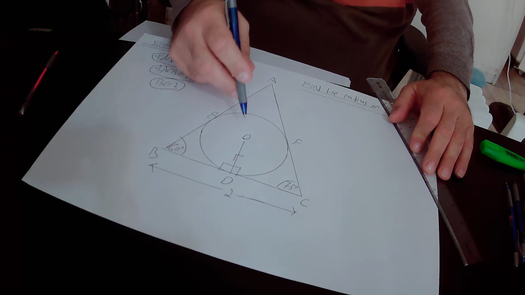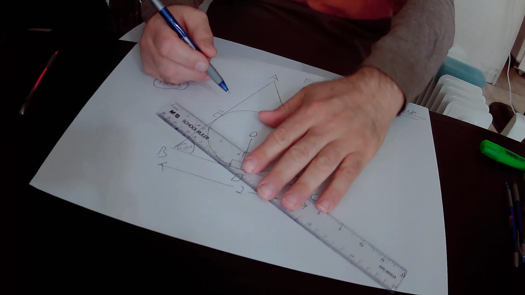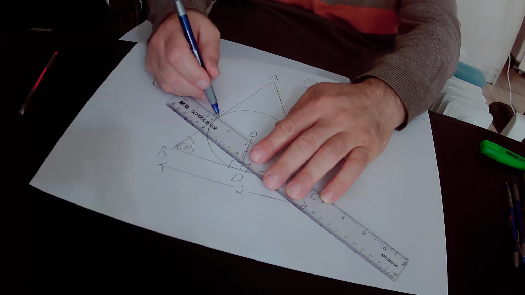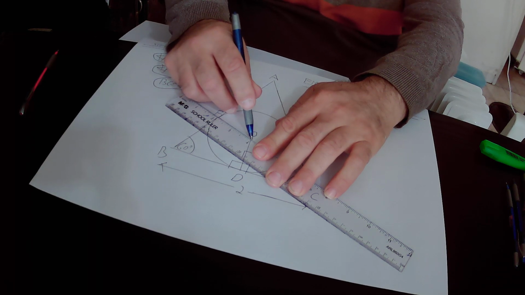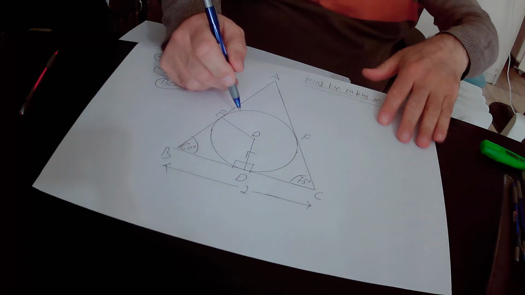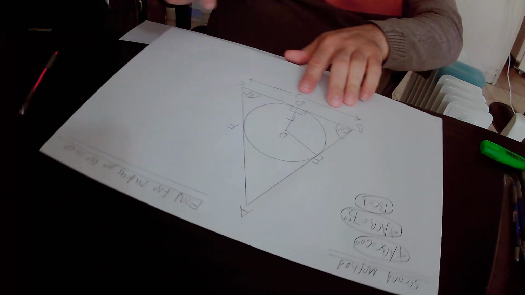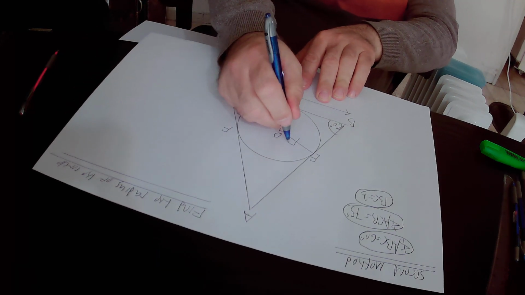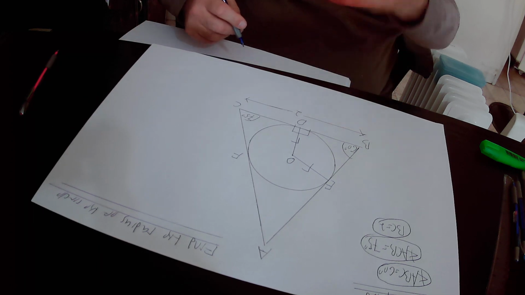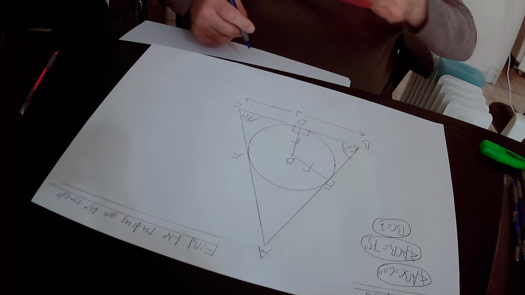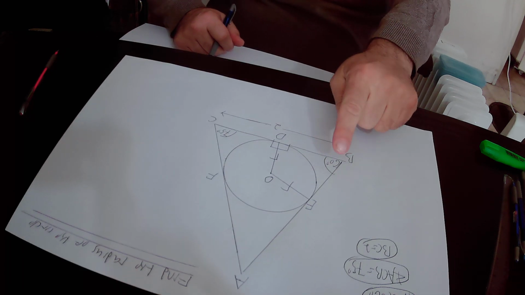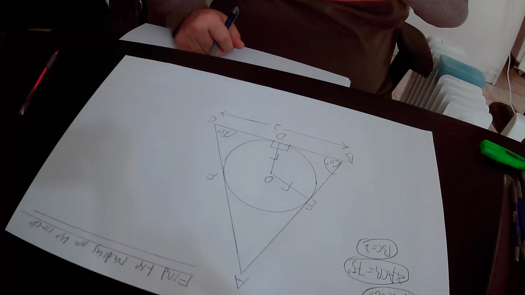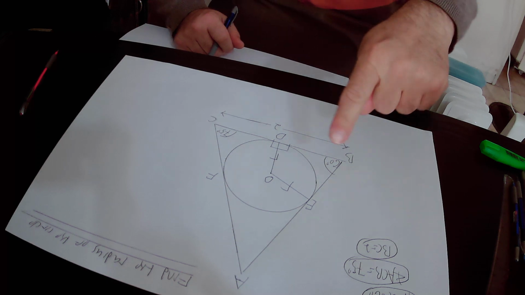Likewise, we join points O and E together by a straight line. OE is the radius of this circle that is equal to R. Again, you can implement rule number 1 because the radius OE is drawn to point E, that is the point of tangency of tangent AB with this circle.